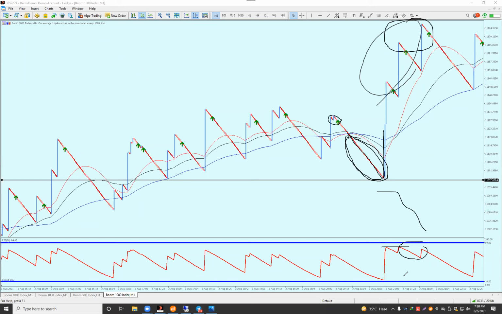I will send you this indicator and the license key. Load this indicator on your MT5. Use this indicator, and if it's working well for you, you can continue using it. Otherwise, if your price action analysis is good, then you use the price action analysis.